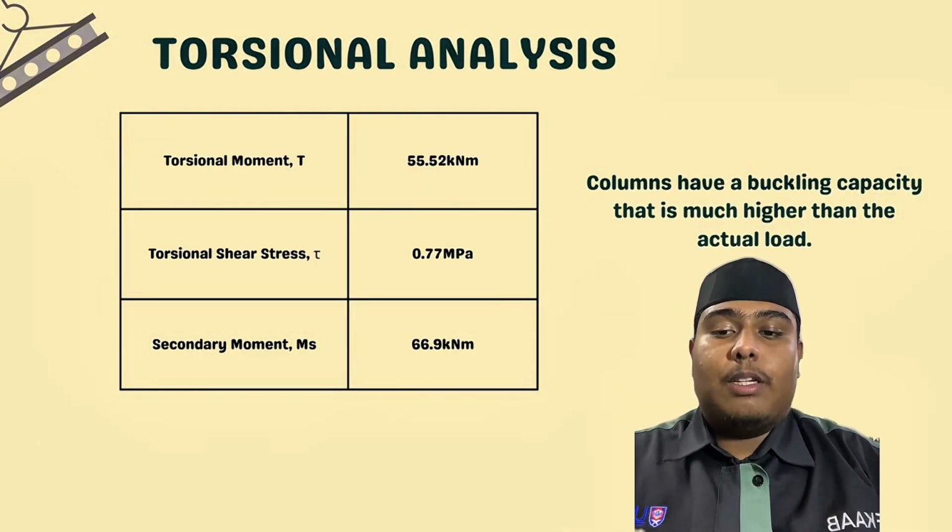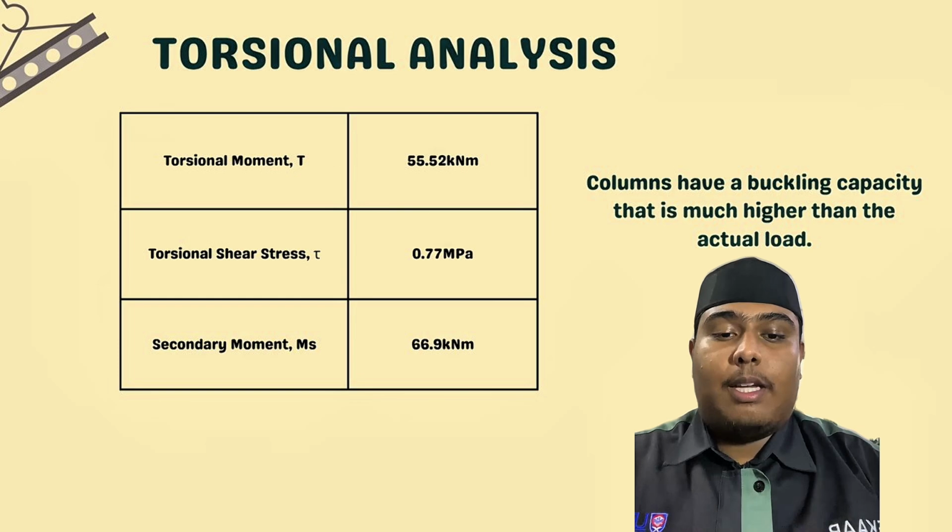Next, I will explain the torsional analysis of the beam. Torsional analysis is carried out to determine whether the beam can safely resist the twisting effect caused by the applied load. From our calculation, the torsional moment T is 55.52 kN meter. Using this value, we calculate the torsional shear stress, which is 0.77 megapascal.